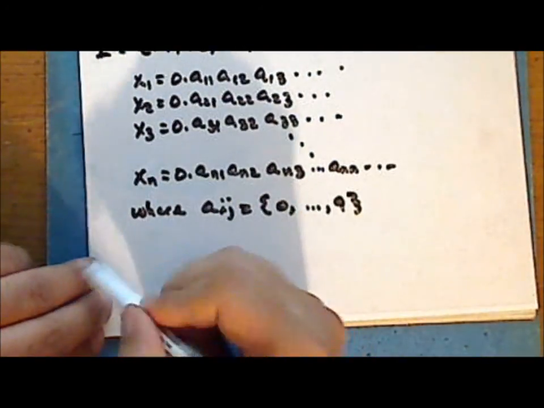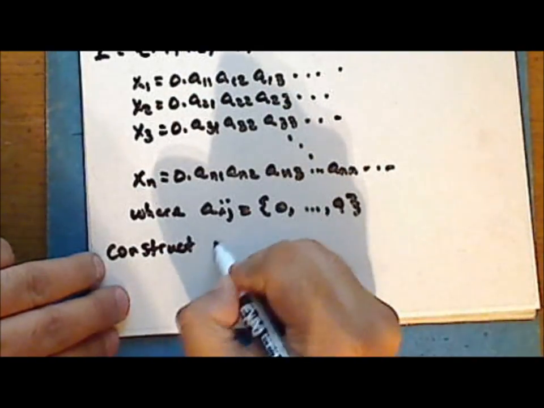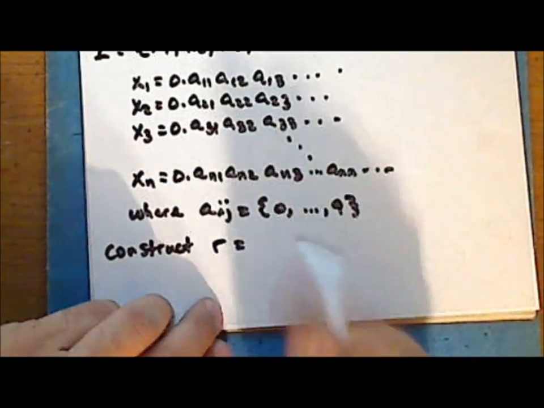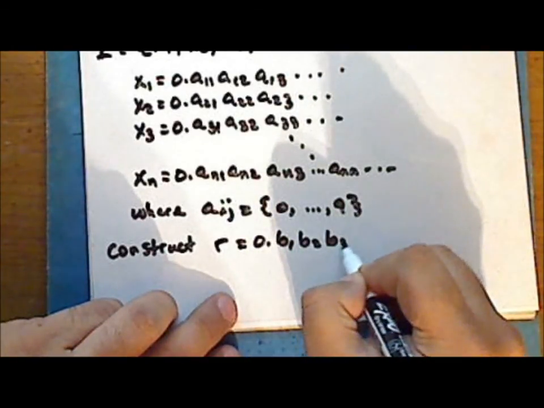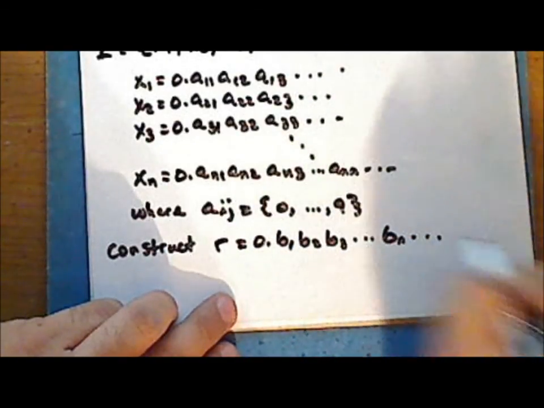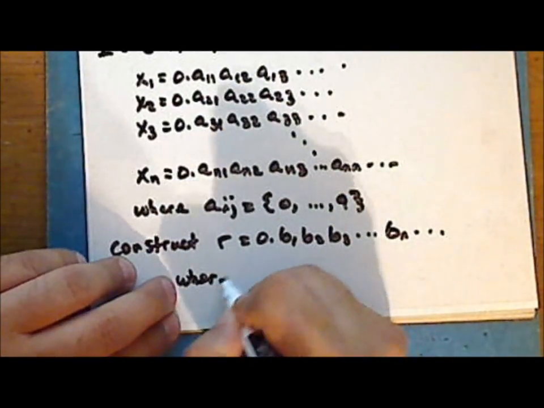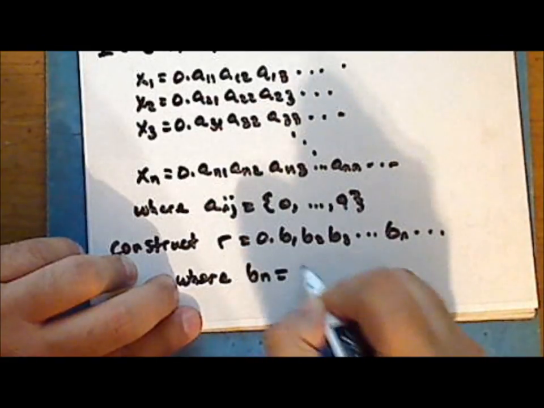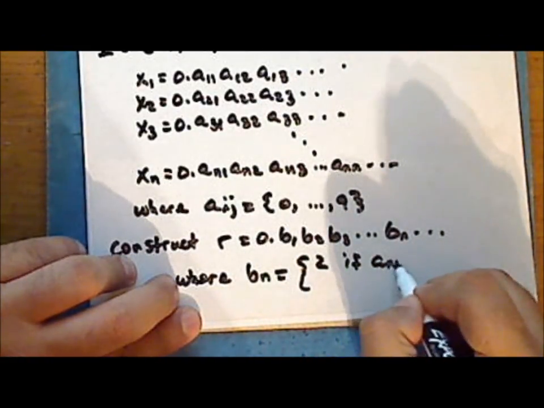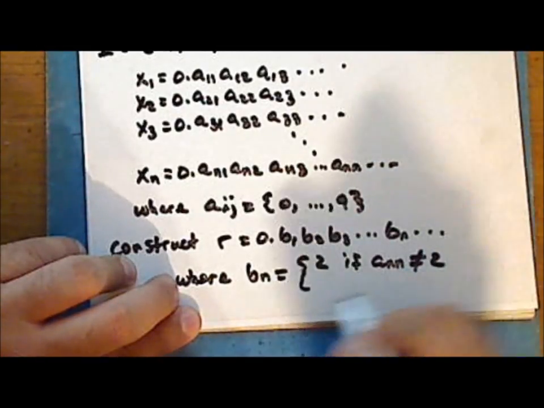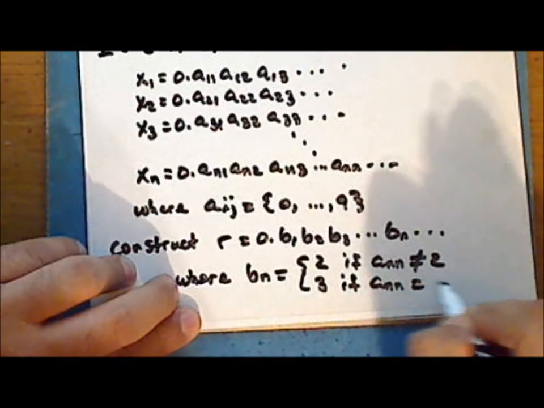So we construct this real number, which we'll call R, and this is the number 0.B1, B2, B3, and so on, to Bn, and so on, where B sub n is the number 2 if A sub nn is not equal to 2, and is the number 3 if A sub nn is equal to 2.